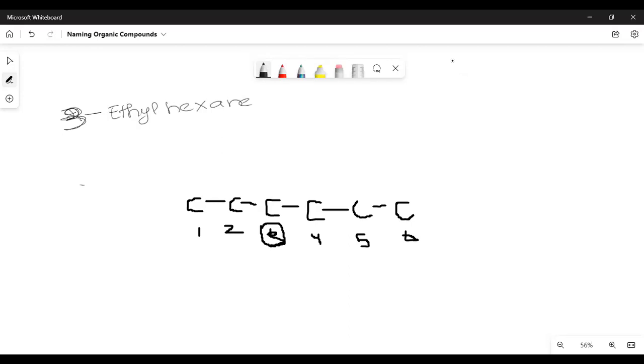And then how many carbon atoms would the branch have? 2. And how do you know that? Because of ETH. Perfect. Go ahead, draw it. Great.